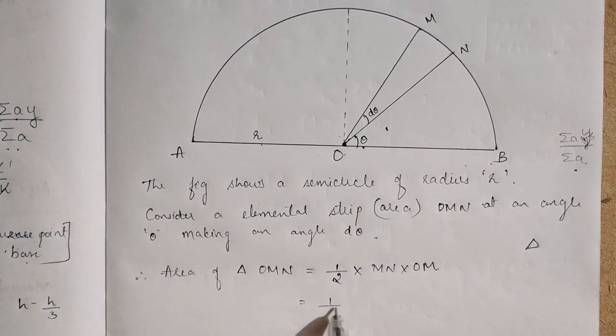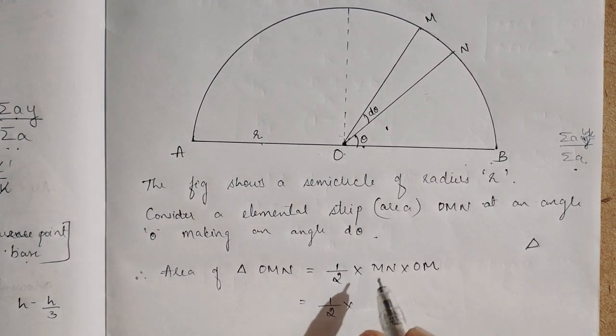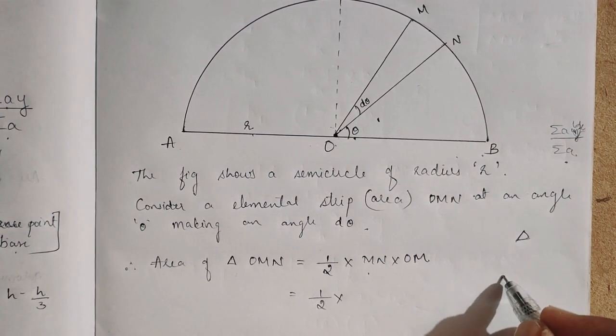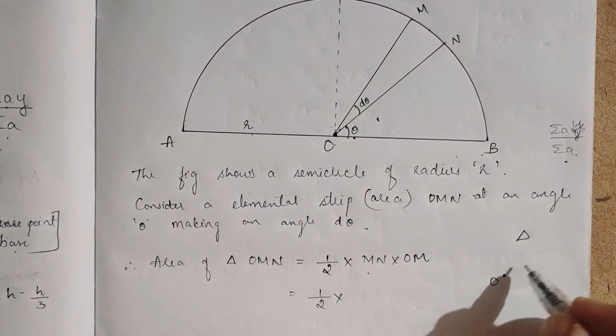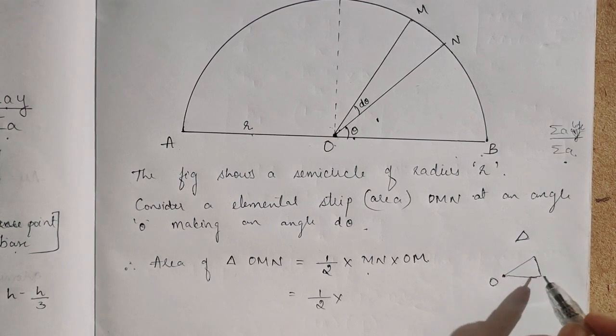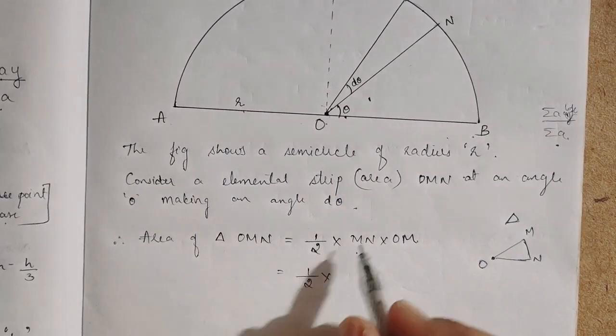So what will that be, half into MN? See here, this is the triangle OMN, right?